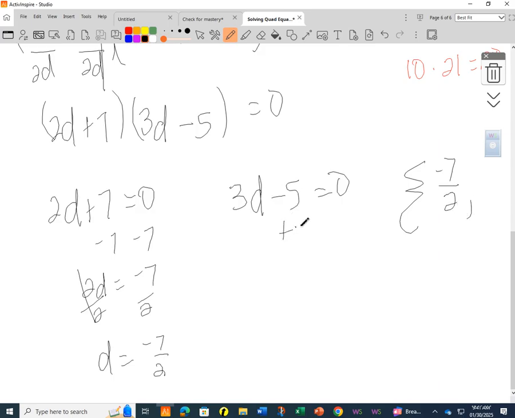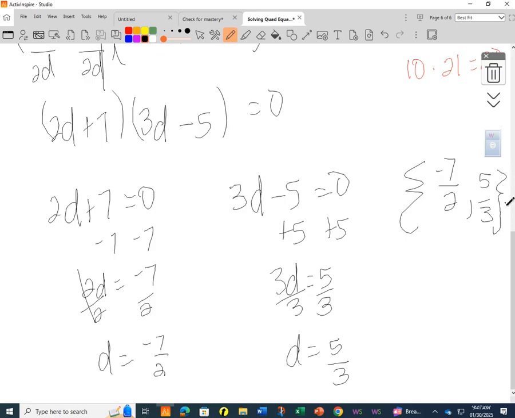And now we're going to add 5 to both sides. 3d equals 5. Divide both sides by 3 to solve that one step equation we have left, and d is also 5/3. So those are the two solutions. The solutions can be written as fractions or decimals.